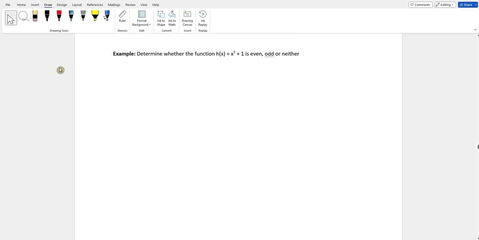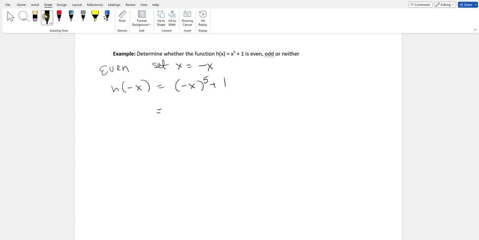To do that, we're going to set x equal to negative x. So I'm going to calculate h of negative x. Whenever I see an x, I am going to plug in negative x.